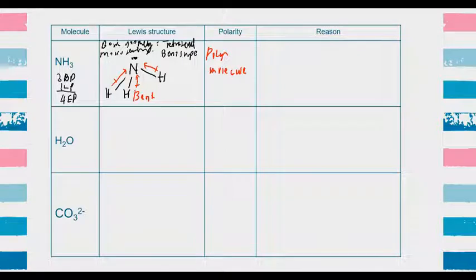So kita tulis point yang pertama, NH3 molecule is asymmetrical. Symmetry, asymmetrical. Okay, maksudnya tidak simetri.